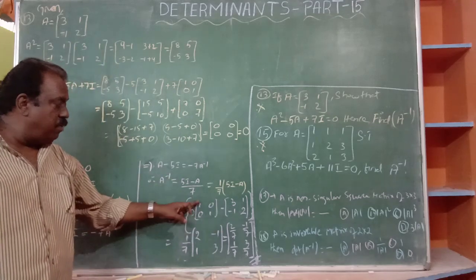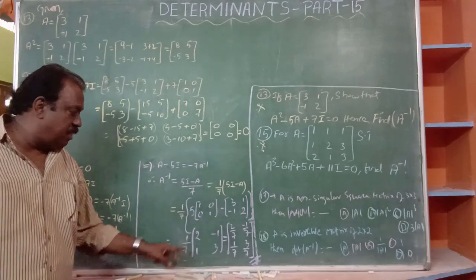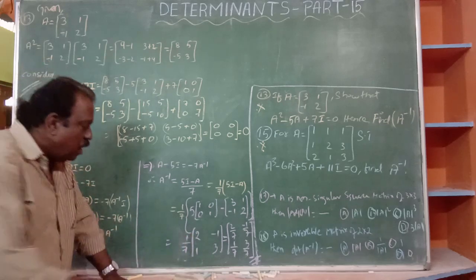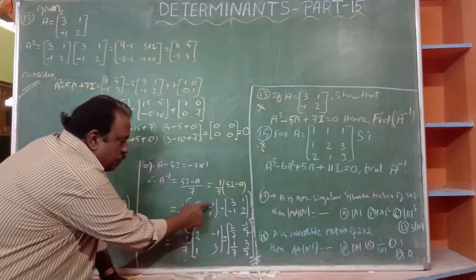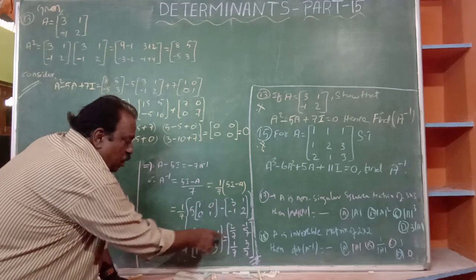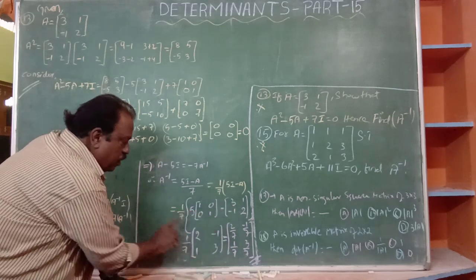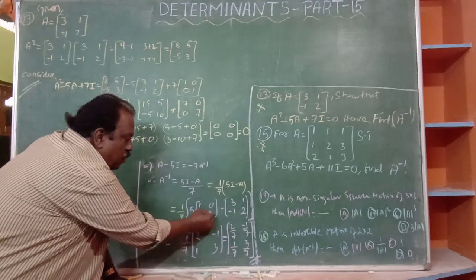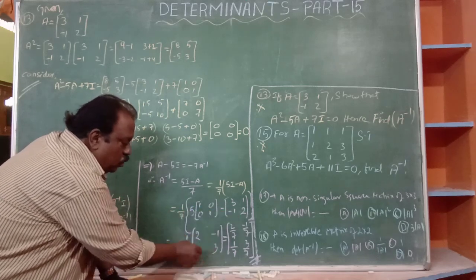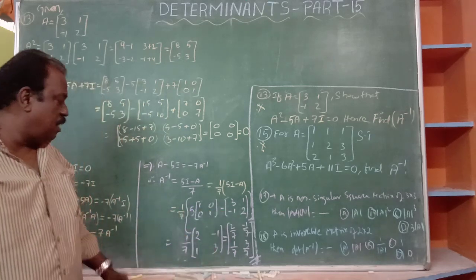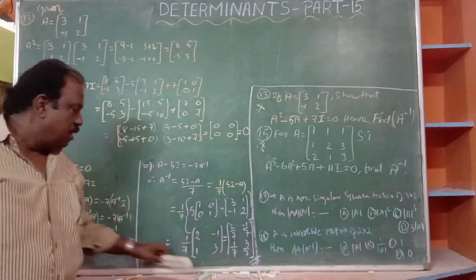This is 5 minus 3, that is 2. 5 into 0, minus minus 1, is plus 1. And 5 minus 2 is 3. So at last we get this.